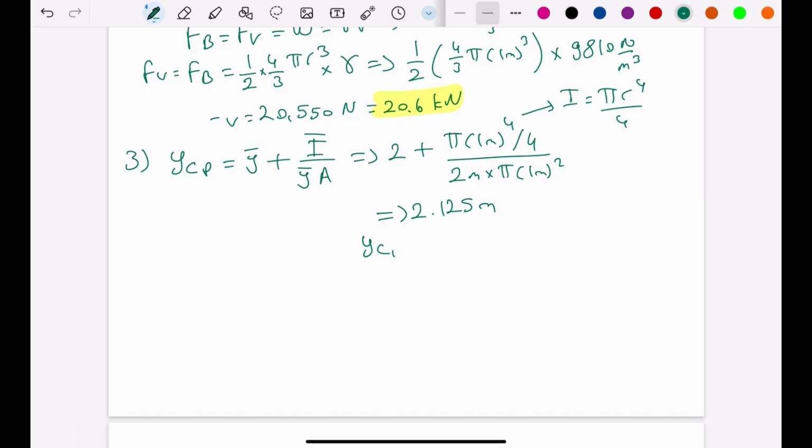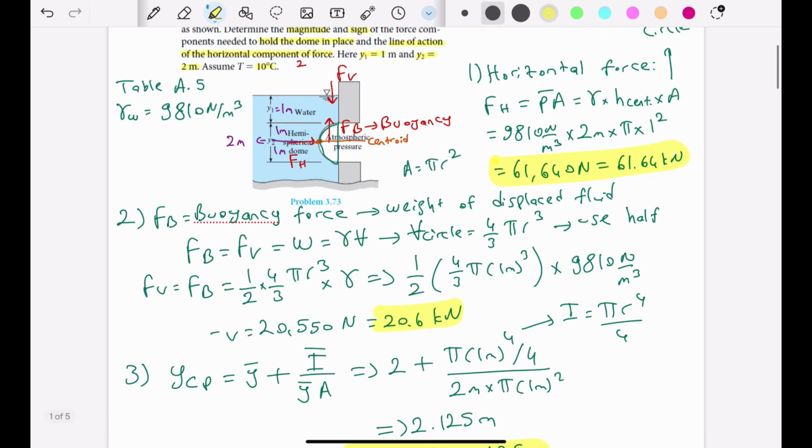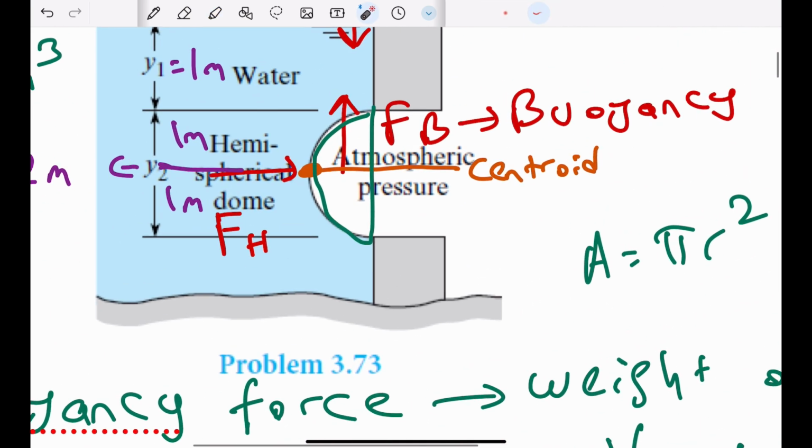So the difference between the center of pressure and the depth of centroid will be 0.125 meters. So we can see that here, actually.